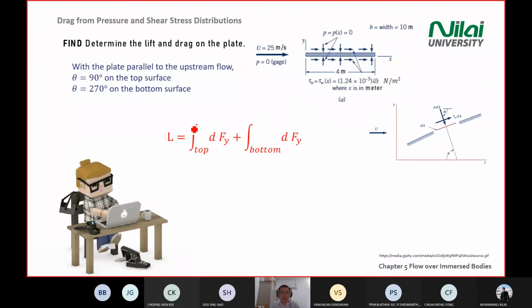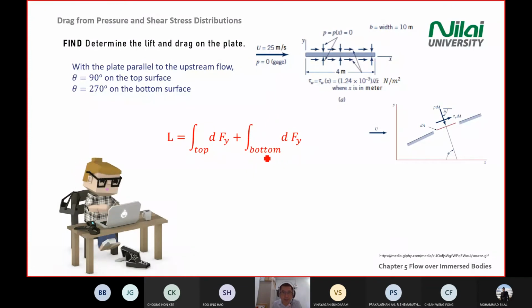So our lift force is perpendicular to the upstream. So we have two components. One is on the top, one is on the bottom. So again, pull out the definition for lift in the mathematical form. Lift equal to integration of your y component, dFy, and then combine with the component at the bottom, integration bottom.